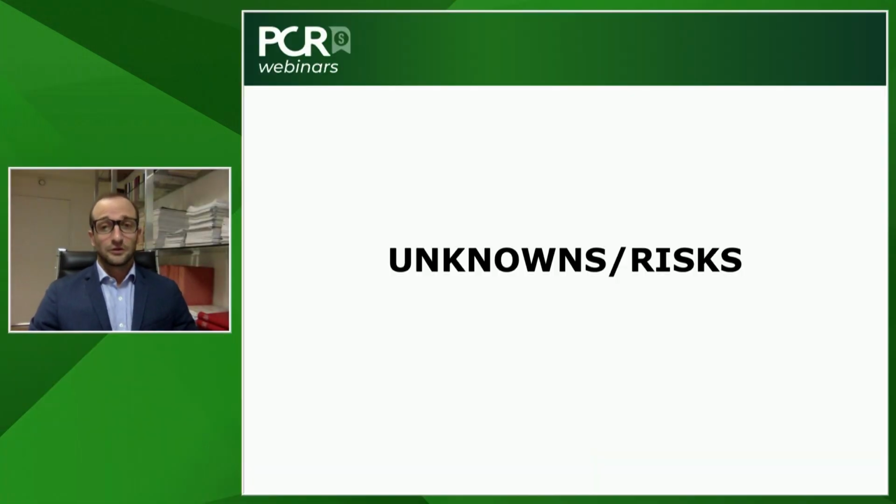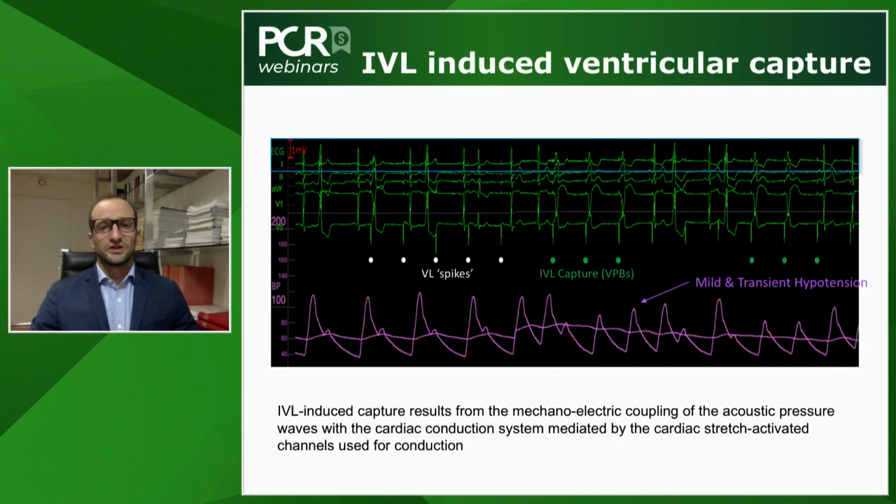Yeah, it's an important point raised by our colleagues. Next. When you deliver the therapy, you can see on the ECG some spikes, which are related to the acoustic pressure. This is not electricity from the generator. It's more a mechanical cardiac stretch activation. And sometimes these spikes can capture the beat, making the famous shock topics.